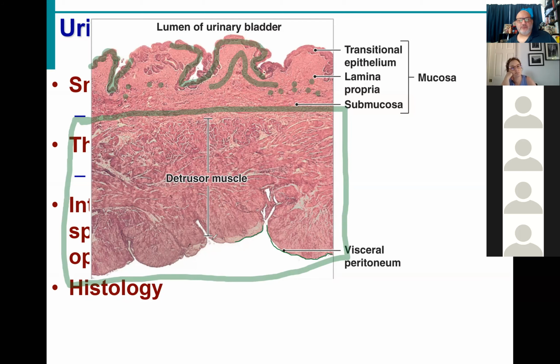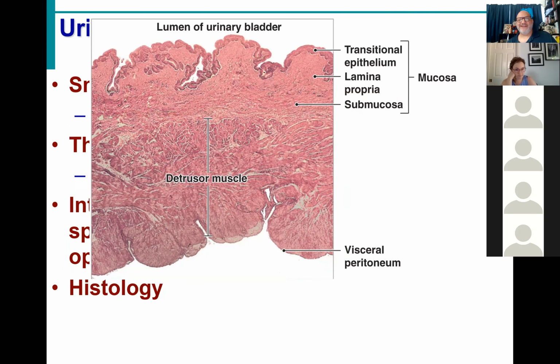And of course, the simple squamous we would call a mesothelium based on its location. So again, the mere scope of it and the massive size of the smooth muscle wall to it is usually a pretty strong indicator that you are looking at the bladder. So that one's pretty easy to tell.